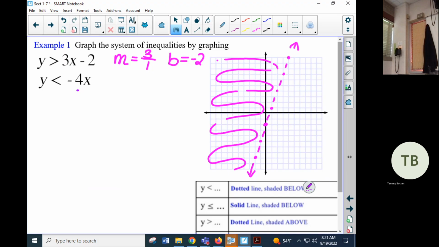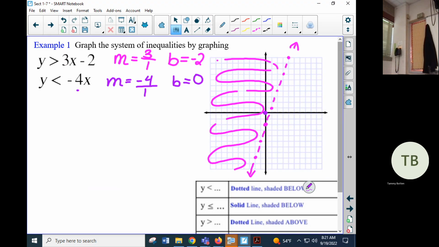Now in this one, our slope is what's in front of x, so it's -4/1. And our y-intercept, if there's nothing there, what do you guys think it would be? 0, yeah, and we haven't really done one like that. So you would start at 0.